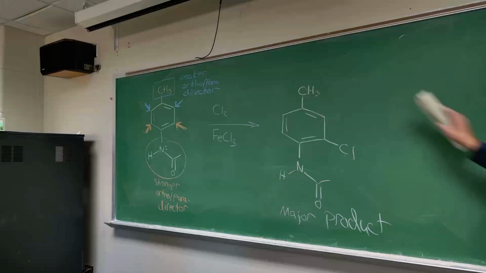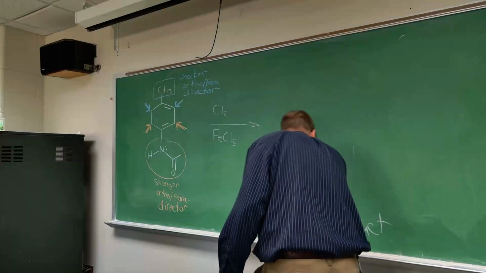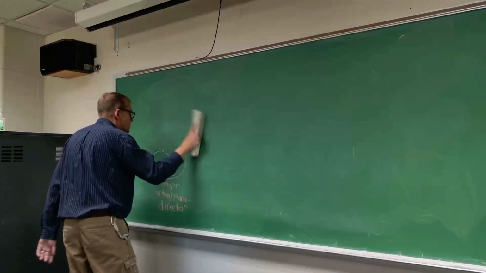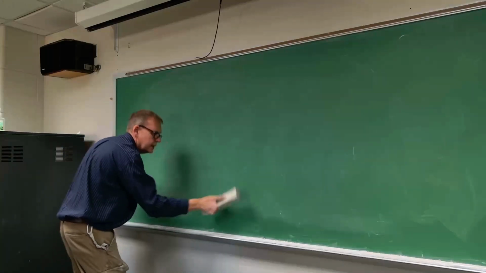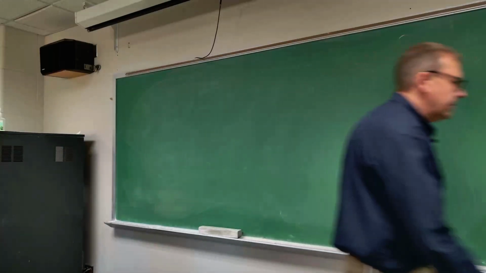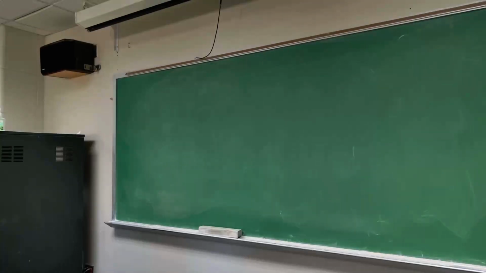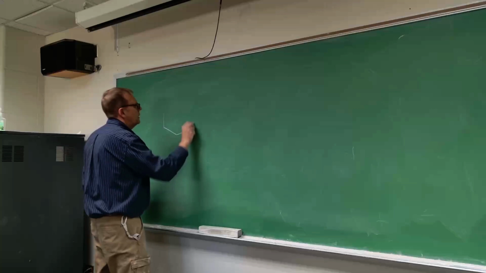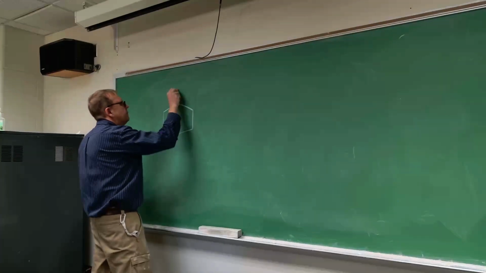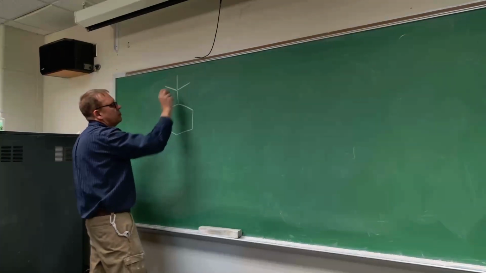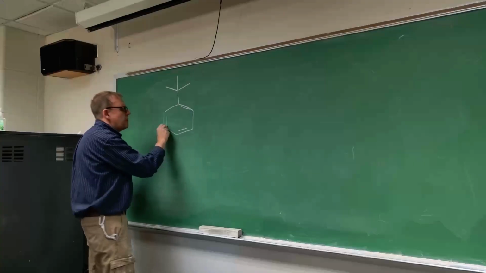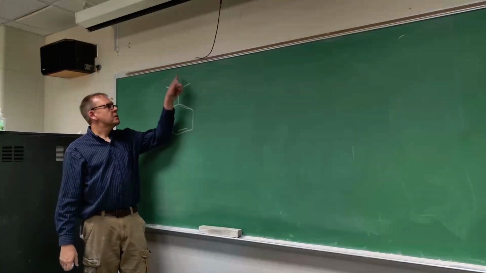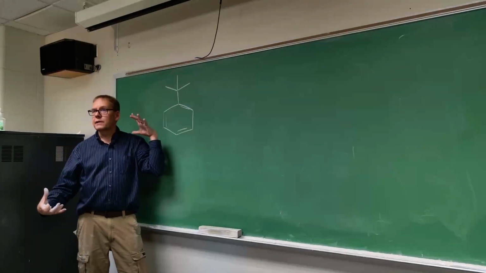Steric strain can come up in other situations too, like if you've got a single group that's really, really big. For example, a tert-butyl group. Tert-butyl is remarkably large. It doesn't always look that way when you draw it as a skeletal structure, but remember, these are methyl groups and they take up lots of space.